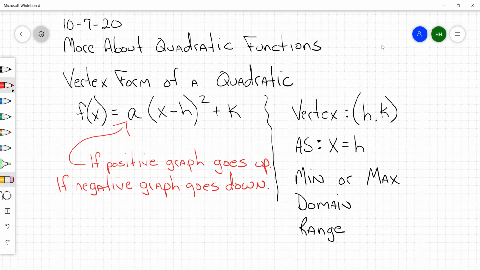All right? So if this a value in vertex form, whatever's between the equal sign and the left parenthesis, if that value is positive, then the graph goes up, meaning it looks like this. It's a parabola that goes up. If that a value is negative, then the graph of this function, which is a parabola, goes down.